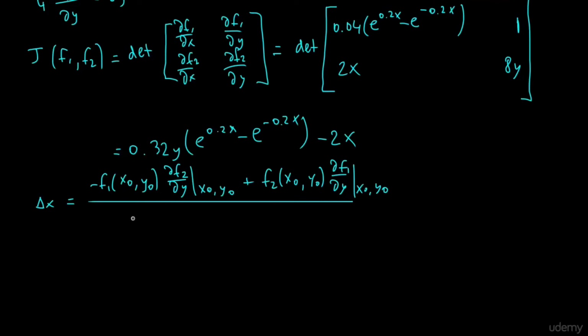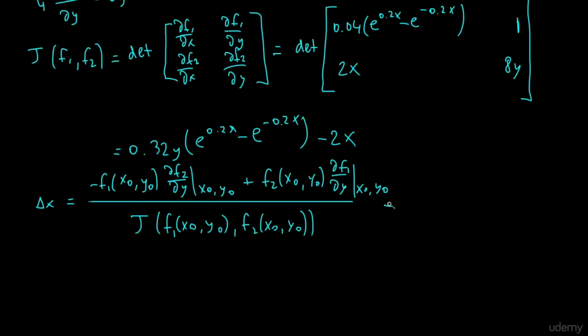Managed to run out of space. Okay, and down below, we're going to divide it by the Jacobian. So that's going to be the Jacobian of f1 of x0, y0, and f2 of x0 and y0.